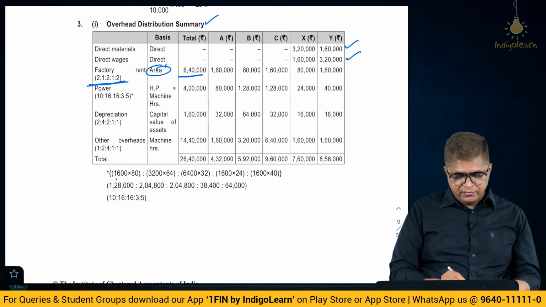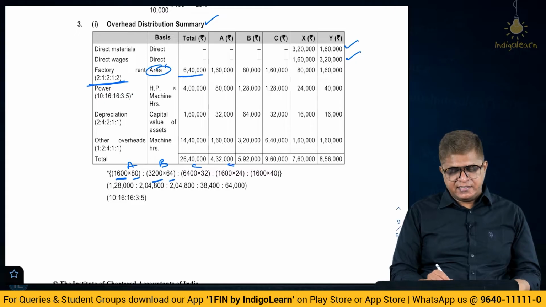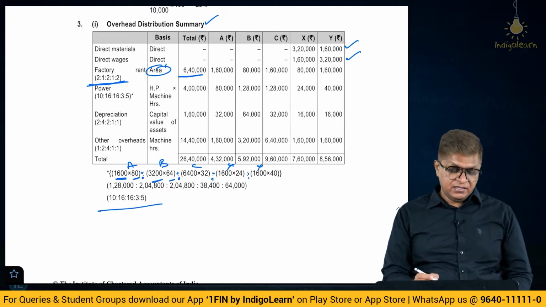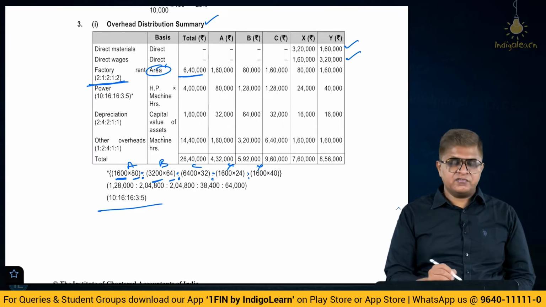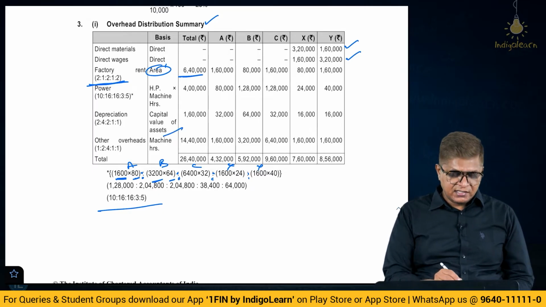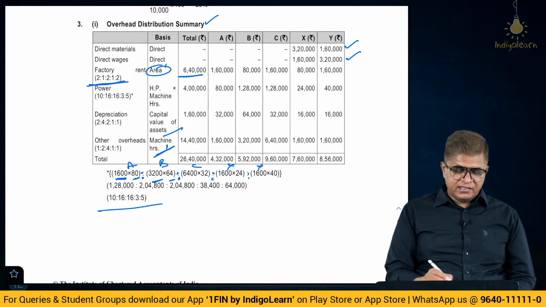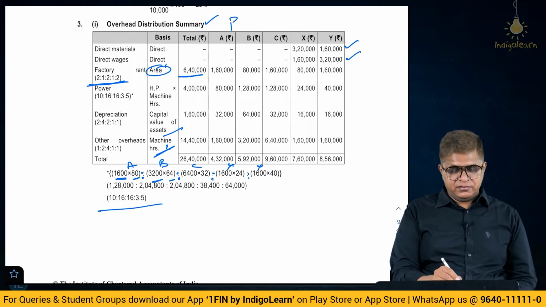The number of machine hours into the horsepower for departments A, B, C, X and Y, and then they have taken the ratio, simplified it, brought it down to 10:16:16:3:5. Alright. Then depreciation on the basis of capital value of assets, as we discussed. Other overheads is going in the proportion of machine hours. So like this, they have done the primary distribution of overheads.